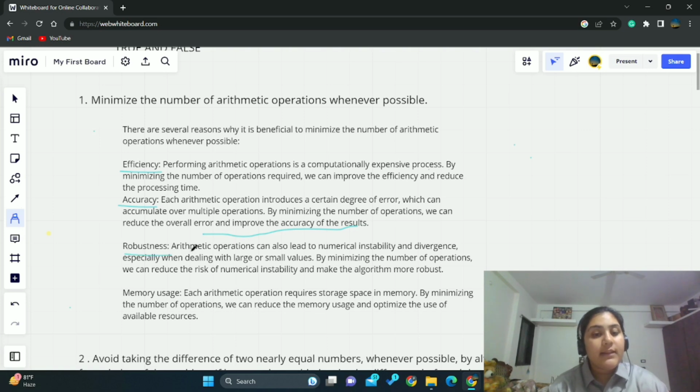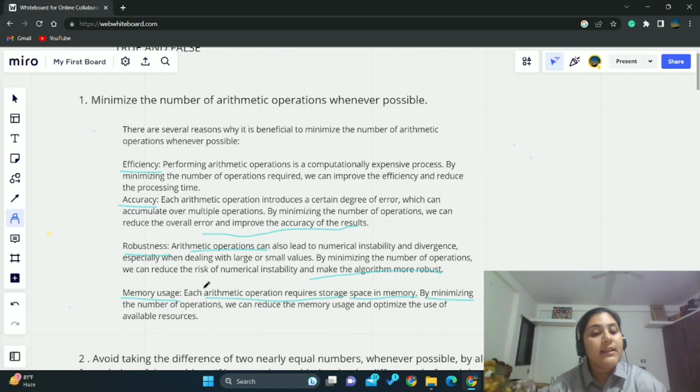Robustness. Arithmetic operations can also lead to numerical instability and divergence, especially when dealing with very large or small values. By minimizing the number of operations, we can reduce the risk of numerical instability and make our algorithm more robust. Memory usage. Each arithmetic operation requires storage space in memory.